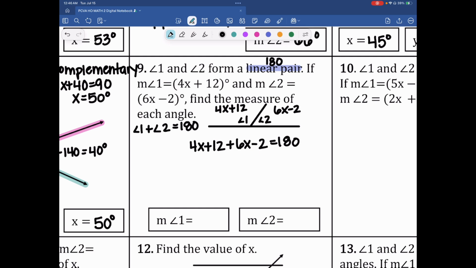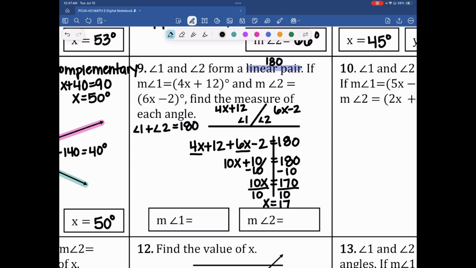So we're going to combine our like terms, and that's going to give me 4x and 6x, which is going to be 10x, and then 12 minus 2 is going to be plus 10, equals 180. So we're going to subtract 10, and we now have 10x equals 170. Divide by 10, and we now know that x equals 17.